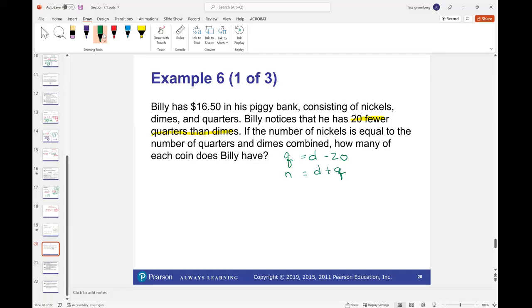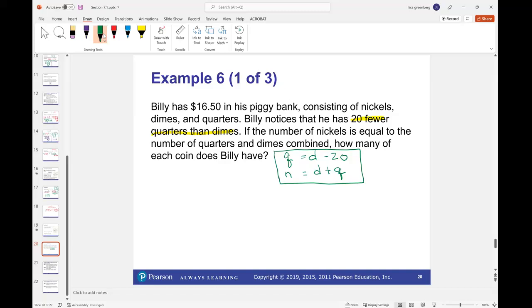How many of each coin does Billy have? So we have these 2 equations that I don't believe were that difficult to get to. But now our last equation is going to be a little bit more difficult. So let me see if I can explain this so you understand.